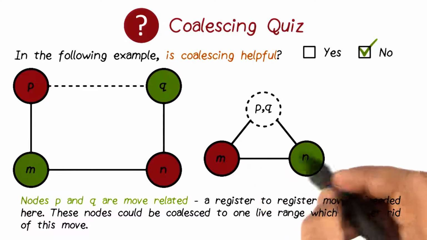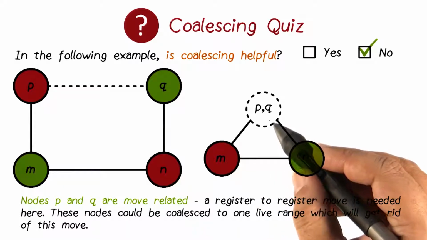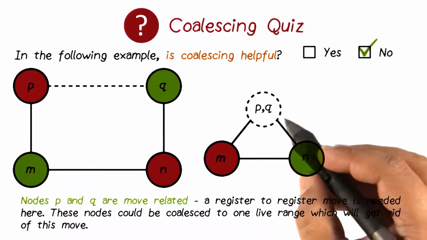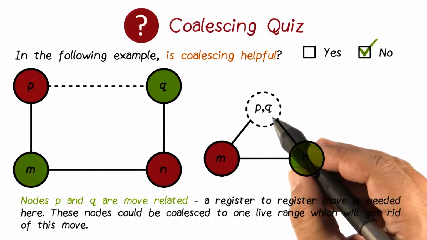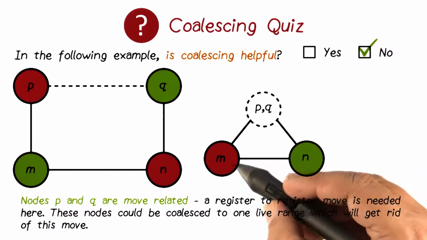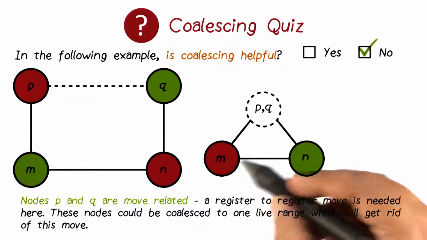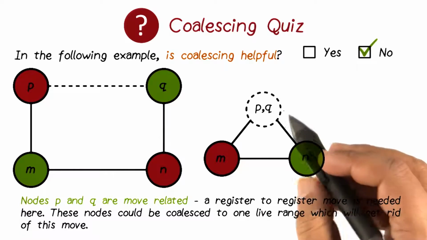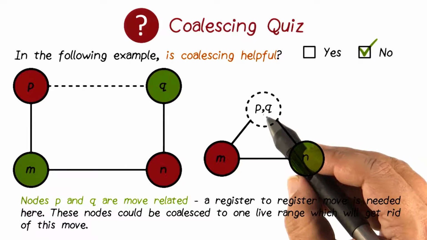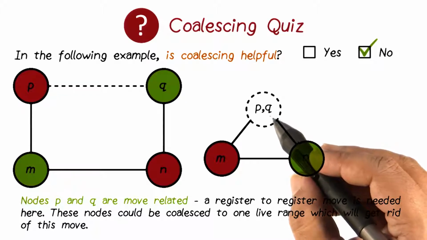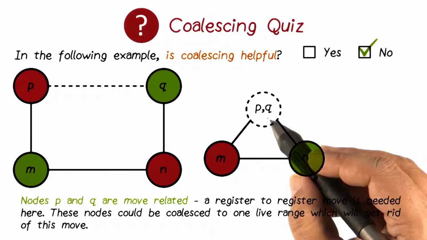As you can easily see here, this graph is a clique of size equal to 3, in which each node is interfering with every other node, and therefore we need here 3 colors. If we give M a red color, N a green color, we have no other color left here because we have only 2 colors available, and therefore the coalesced node P and Q has to be spilled.